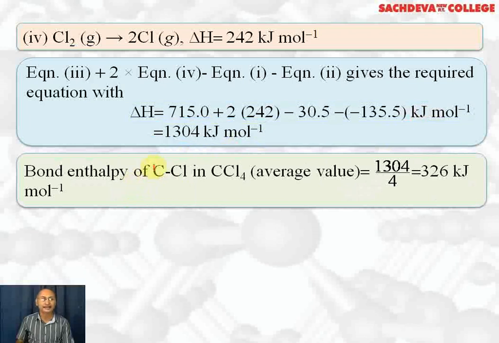This is the net energy, that is, CCl4 will break down into C plus 4Cl in gaseous state. So bond enthalpy of C-Cl in CCl4 we have to calculate by taking the average. There are 4 C-Cl bonds, so divide by 4, you will get 326 kilojoules per mole, which will be the bond enthalpy of the C-Cl bond in carbon tetrachloride.